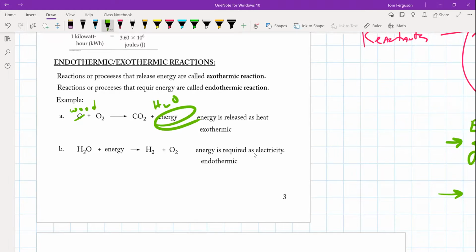Notice here that the water is more stable than the hydrogen and oxygen. Why do we know that? Look what side of the equation the energy is on. This requires energy to happen.